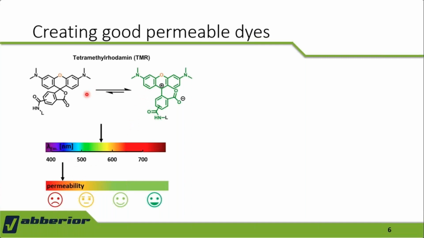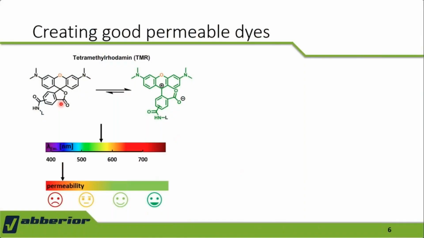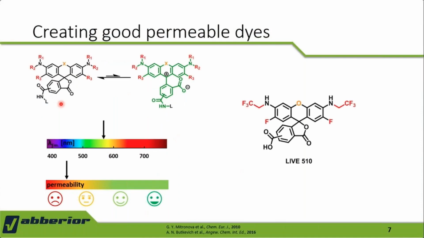That means that it is not that likely that this fluorophore can exist in this closed form, or form this lactone ring. But we can exchange a lot of things on the basic structure of a rhodamine. So we can add functional groups to it. We can exchange atoms in this rhodamine. So here's the first example.